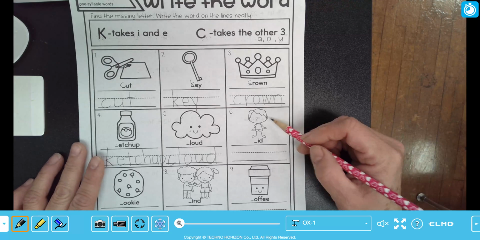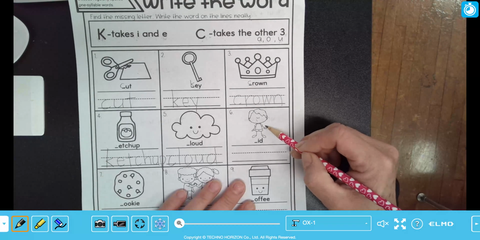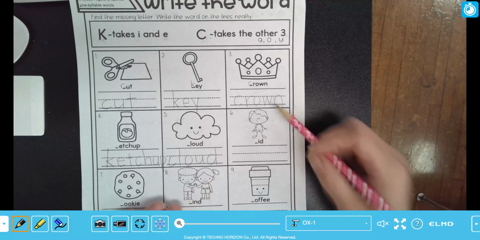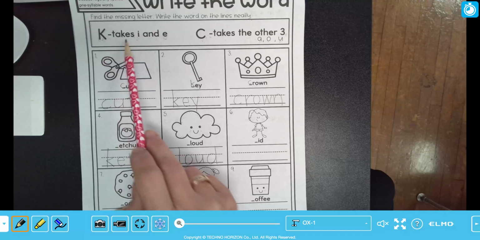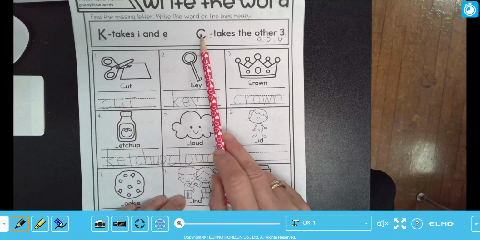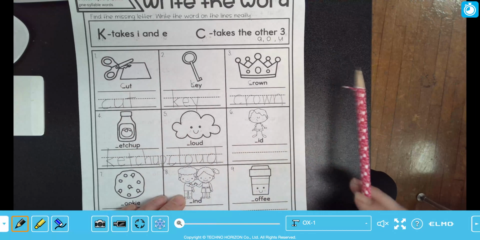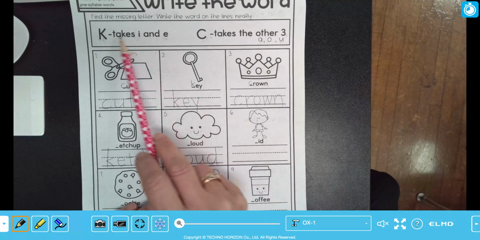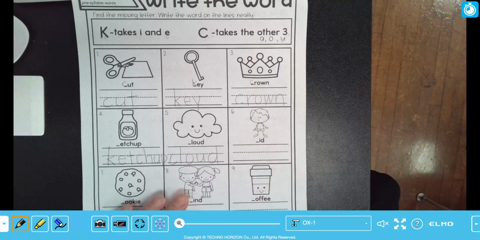Okay, let's go to this one right here. This is the word kid, right? K-I-D, kid. Let's look at the poem. K takes I and E. C takes the other three. So, should kid begin with a K or with a C?